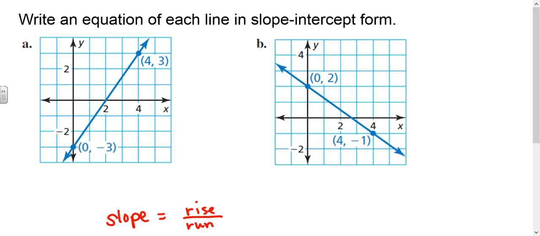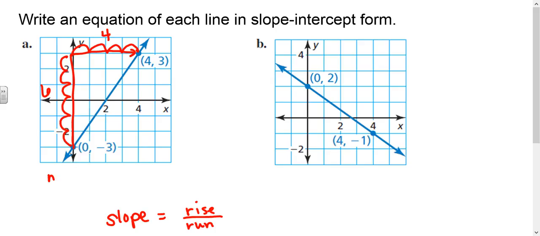If I want to find the rise of my line, I'm going from left to right, figuring out how much I rise versus how much I run. On this one, I would rise 1, 2, 3, 4, 5, 6 spaces, and I would run 1, 2, 3, 4 spaces.